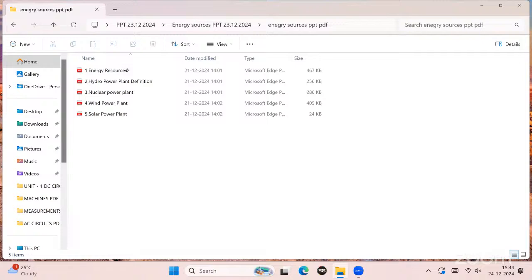These are the 5 questions from energy sources as per your syllabus. You can check the previous question paper. A direct question: explain the layout of a hydropower plant. Single question, 10 marks. So what do we have to write?